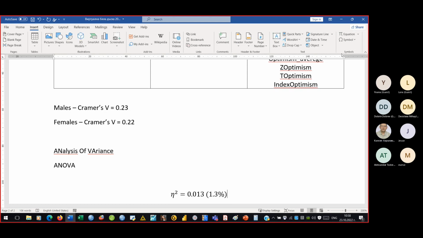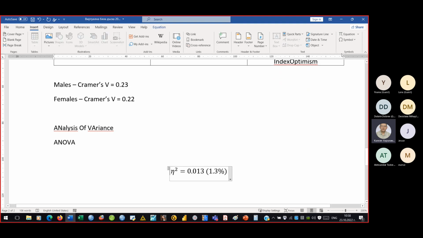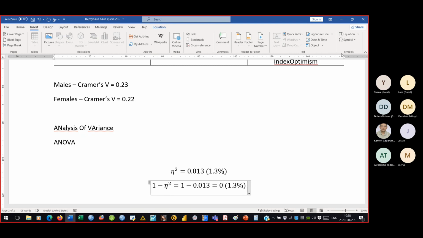Also, we can calculate another coefficient. It is called coefficient of indetermination. It is 1 minus coefficient of determination. And in our case, this coefficient is 0.987 or 98.7%.